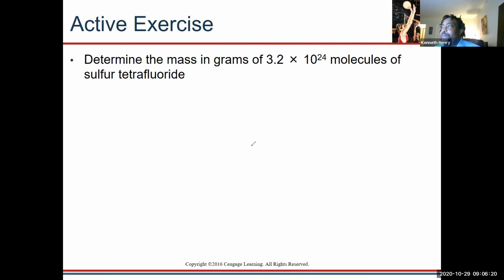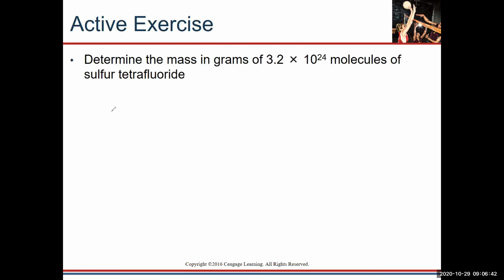Okay, so here's the question. Determine the mass in grams of 3.2 times 10 to the 24th molecules of sulfur tetrafluoride. Where are we going to start? Find the molar mass of sulfur tetrafluoride.